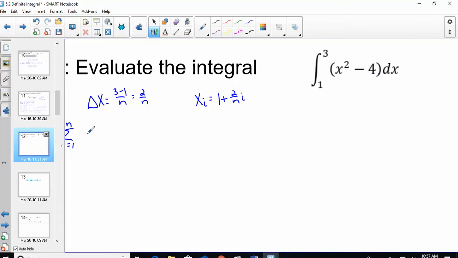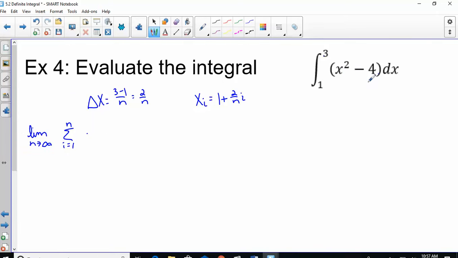So my f of x sub i is going to be this equation, replacing your x with your x sub i. So x sub i is 1 plus 2 over n i, squared, minus 4, times the change in x, which is 2 over n.